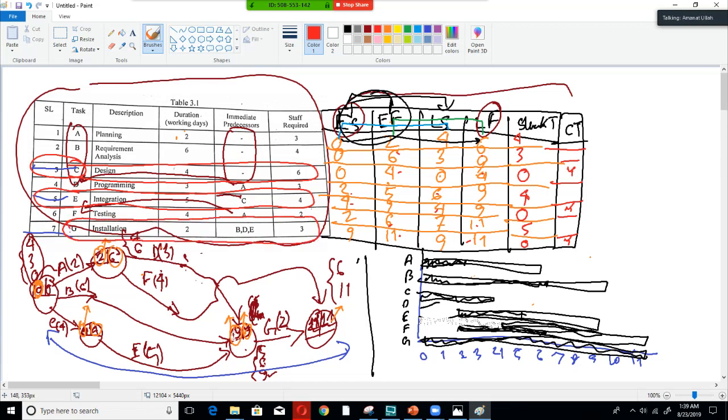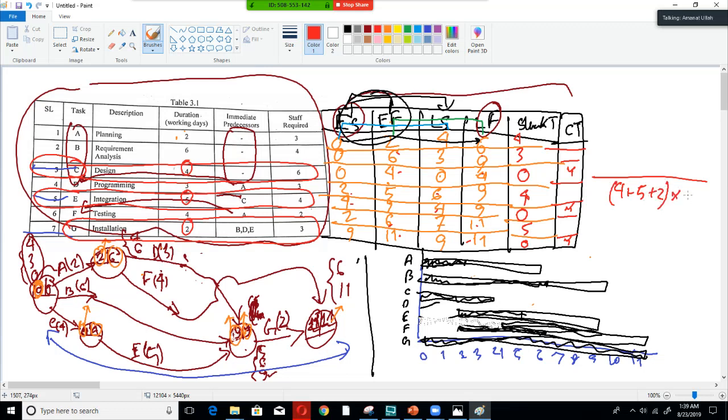First we have to take the duration of the three critical tasks. The summation of the durations of the three critical tasks is 4 plus 5 plus 2.